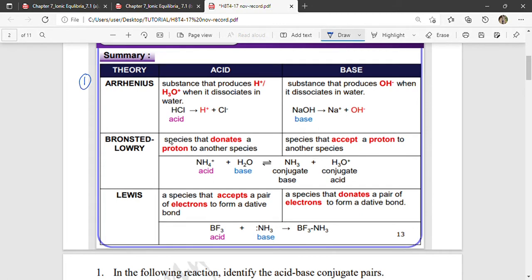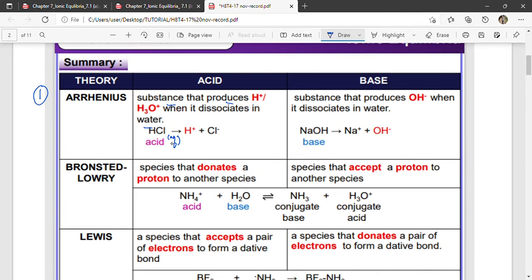So Arrhenius theory states that acid is a substance that produces H plus when it dissociates in water. So HCl aqueous will dissociate in water to produce H plus and Cl minus.